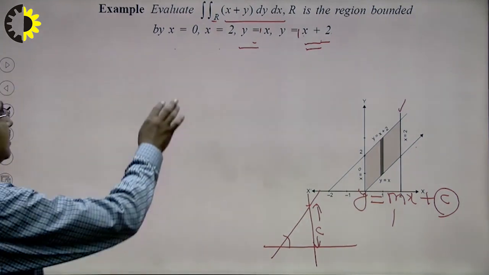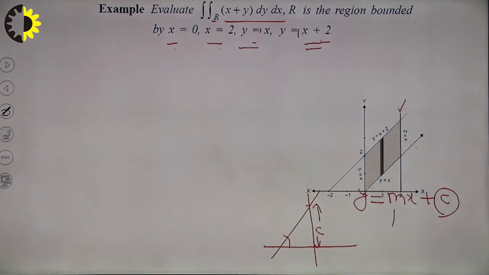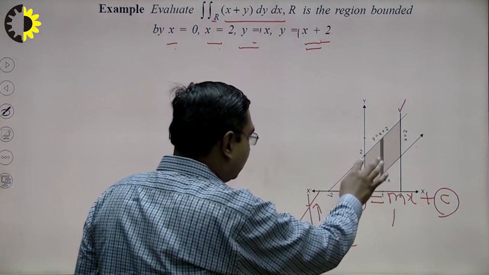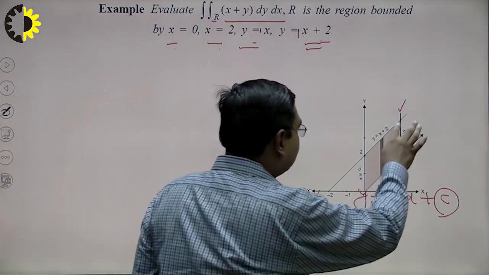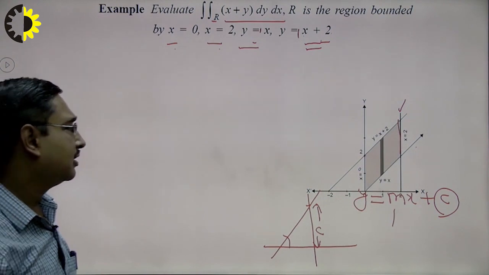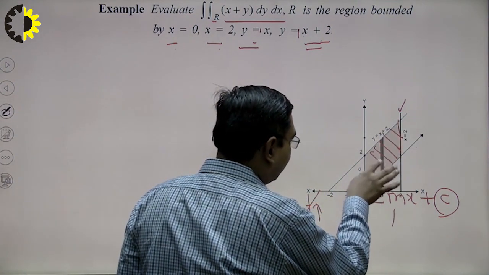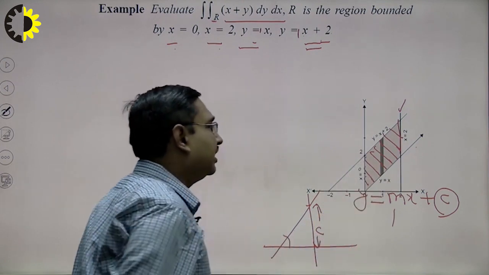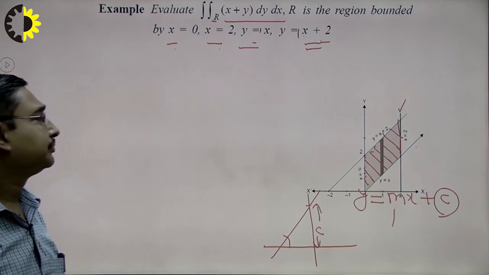Another two equations are x equal to 0 and x equal to 2. x equal to 0, we know, is the equation of the y axis. x equal to 2 is a line parallel to the y axis at a distance 2 from it, and therefore the parallelogram region shaded here is our region of integration.